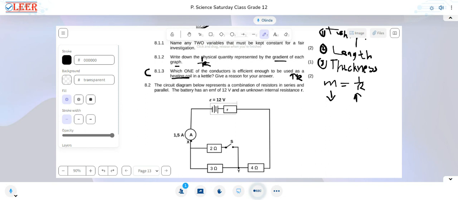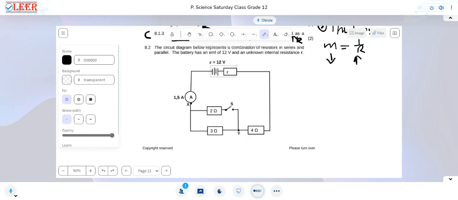This is something that you will be looking at in grade 12, internal resistance. We know that batteries, or any other voltage source, have internal resistance. It's unknown, but we know that the total energy supplied by the battery is equal to 12 volts.